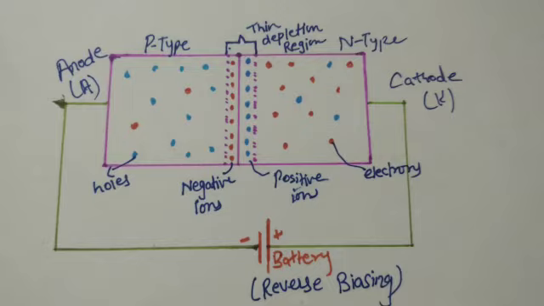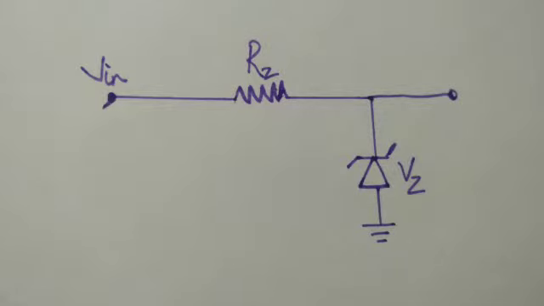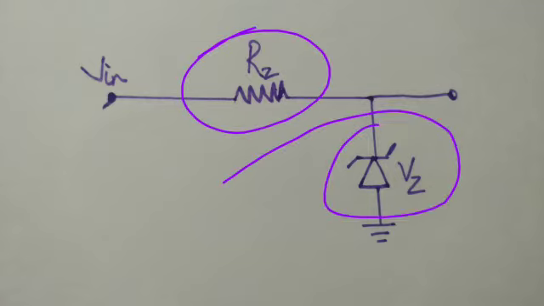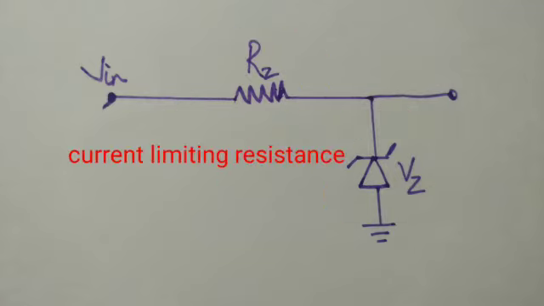This strong electric field breaks all the covalent bonds near the junction and the junction breaks down, and a large reverse current starts flowing through the diode. This large reverse current may damage the diode. To protect the diode from damage, a resistance is connected in series with the Zener diode. That resistance is called current limiting resistance.